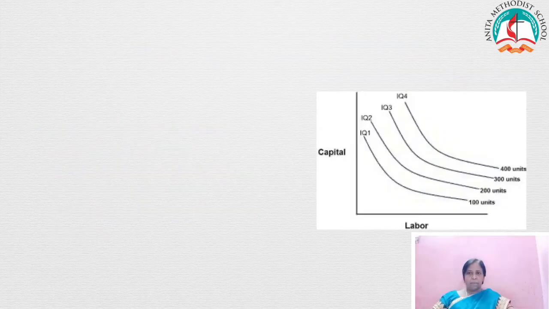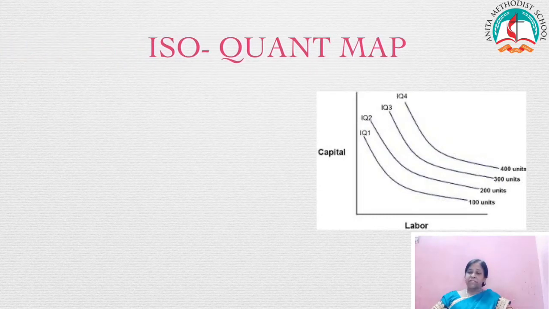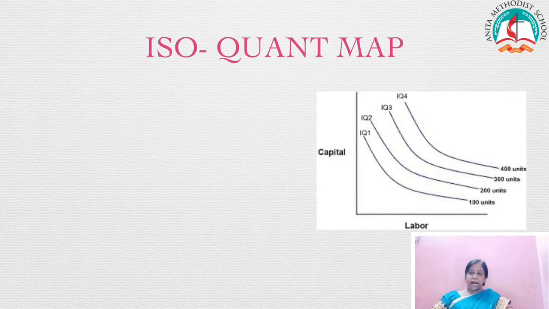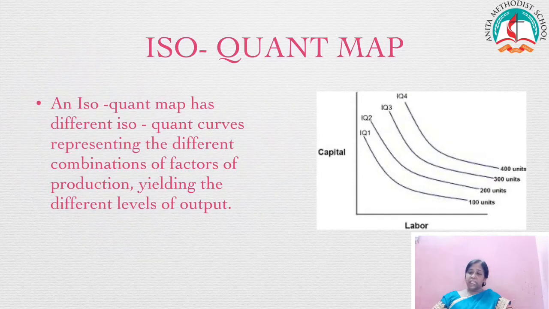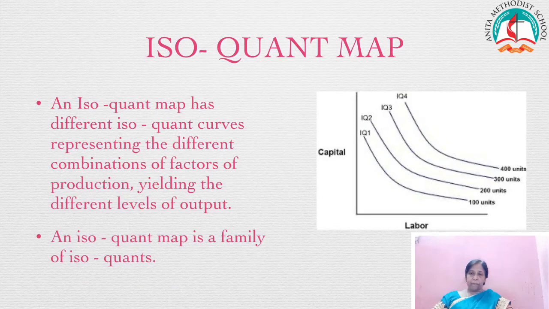The next concept will be the isoquant map. An isoquant map has different isoquant curves representing different combinations of factors of production yielding different levels of output. In this isoquant map, we have IQ1, IQ2, IQ3 and IQ4. It shows different levels of output, that is 100 units, 200 units, 300 units and 400 units.